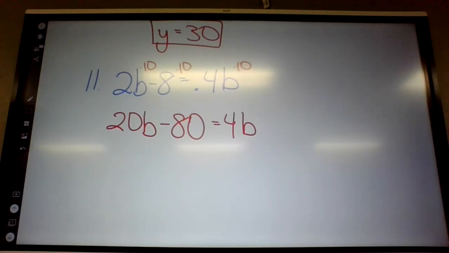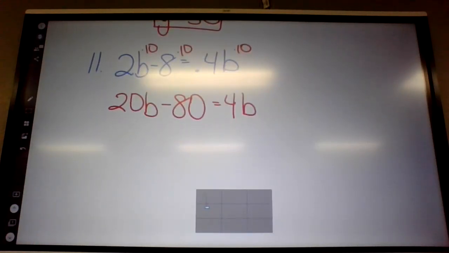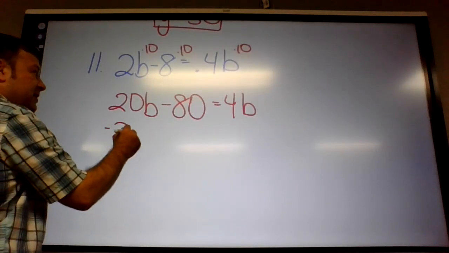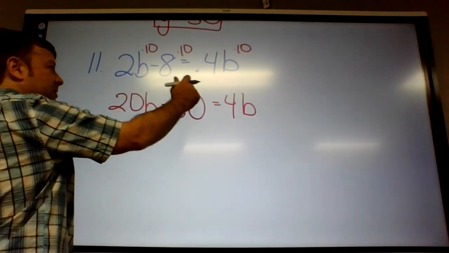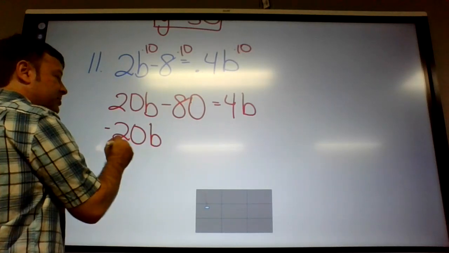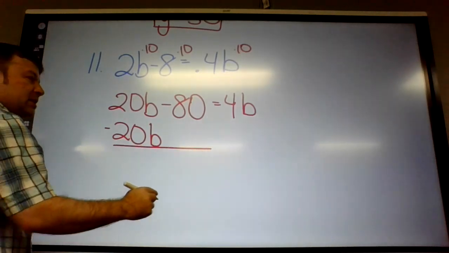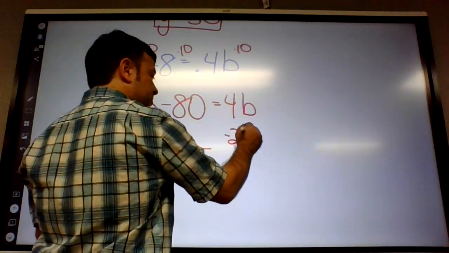If I was doing this problem, I probably wouldn't actually do it, but that's okay. That just eliminates the decimal. That makes it less confusing, I think. But now what's our step to solve, though? Yeah, kind of the same thing we said. Up here we said we could just minus 2b. And now we're subtracting 20b to get all our b's to one side.